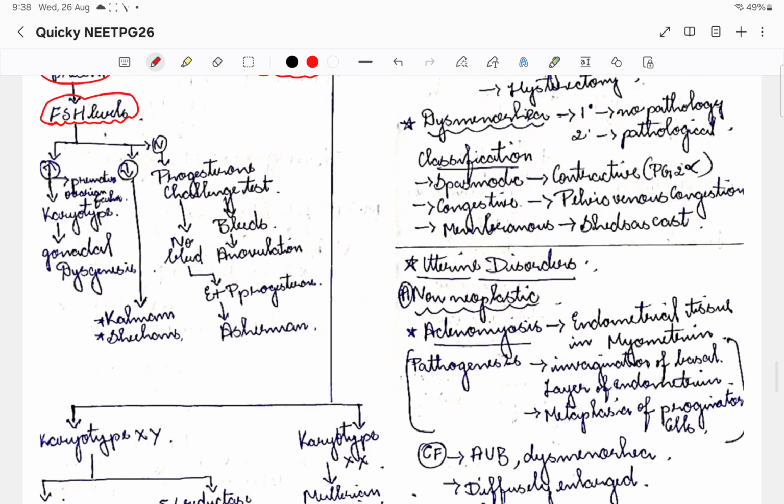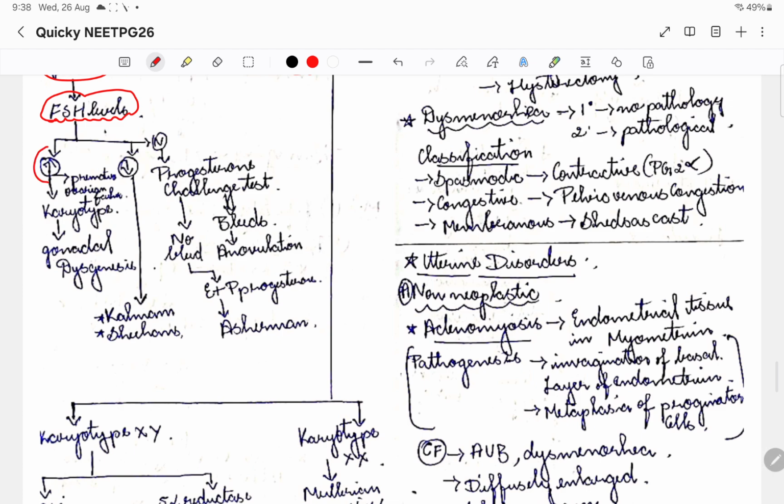If the FSH levels are high, there might be two types of cases. One is FSH high and still the bleeding is not happening; it might be premature ovarian failure. Premature ovarian failure has happened, so no follicle is being matured.